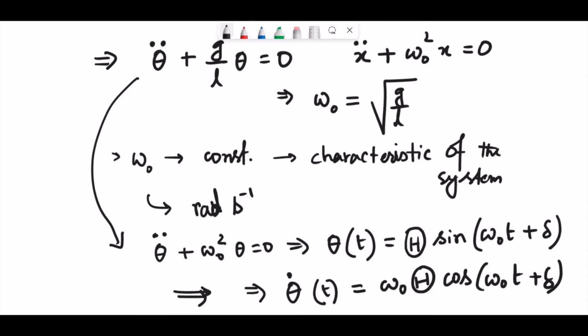And this discussion fulfills the 2 points in target that we had in our mind. The first one being the simple pendulum, the system of simple pendulum has a relation under certain conditions where it displays simple harmonic motion. And number 2, it clarifies the confusion between angular velocity and angular frequency.